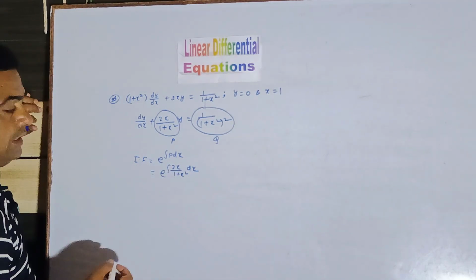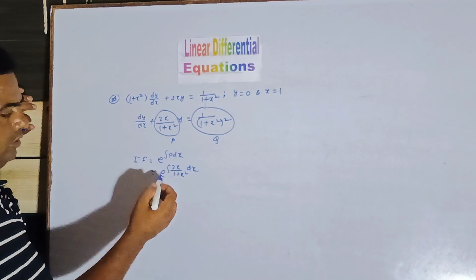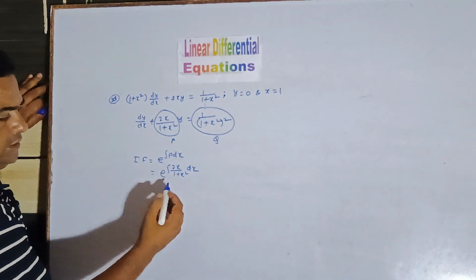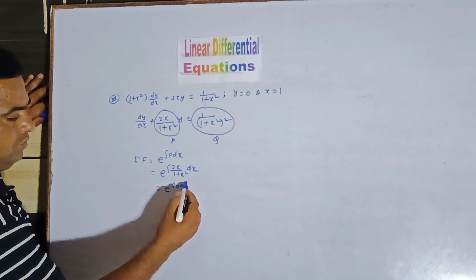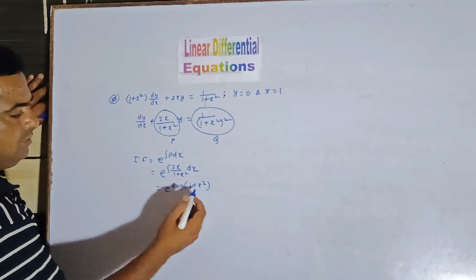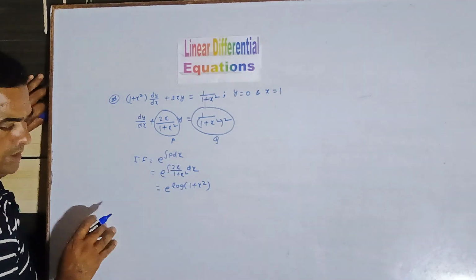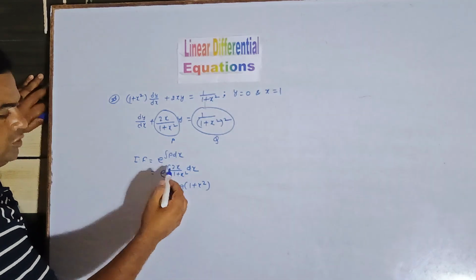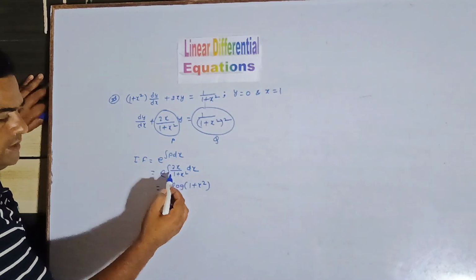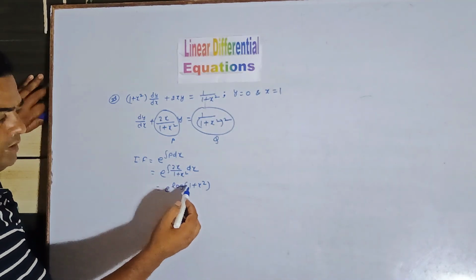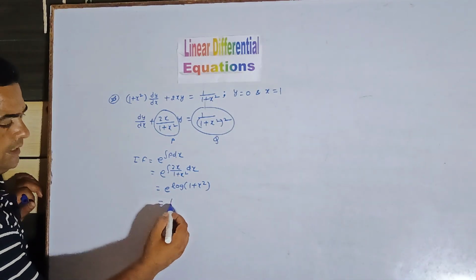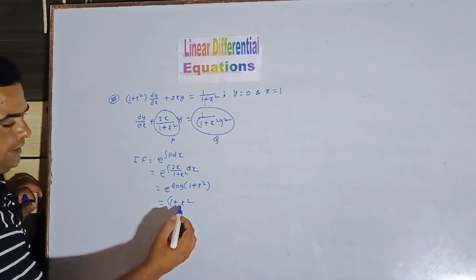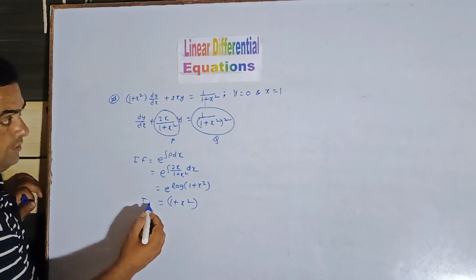Students, we know very well the integral of 2x upon 1 plus x square will be log of 1 plus x square. You will find the integral by the substitution method. Let 1 plus x square be t. After solving, you will get the integral of 2x upon 1 plus x square as log of 1 plus x square. Now log and e will be cancelled out. We will get here 1 plus x square as the value of the integrating factor, IF.